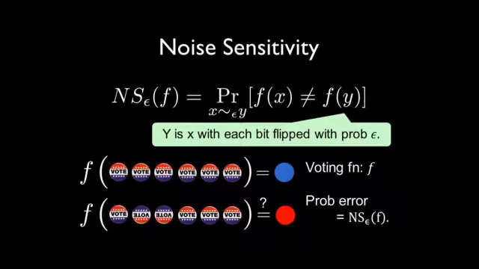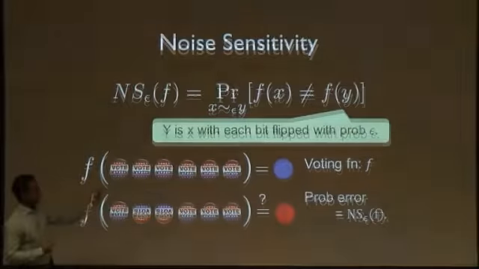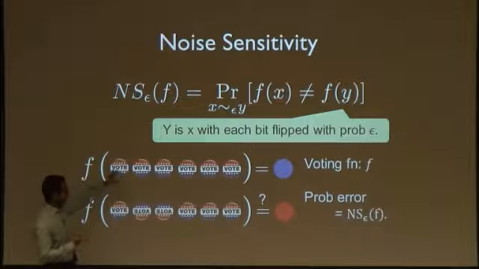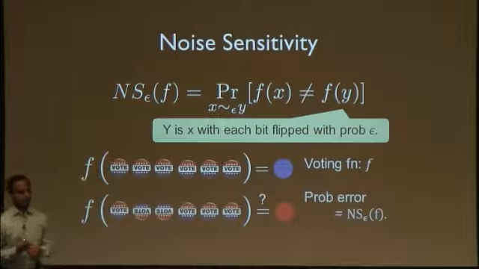So coming back to the voting scenario, the election scheme here will be decided by the function f, and noise sensitivity is the probability that if you flip each vote with error probability epsilon, the outcome of the election changes. That is noise sensitivity. And x is also at random.